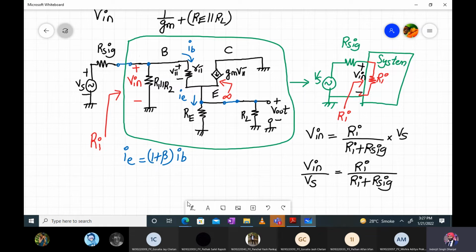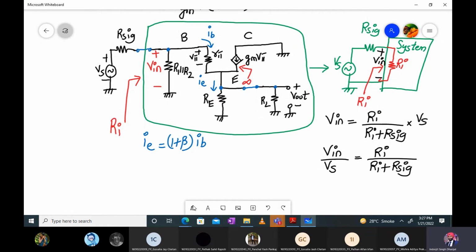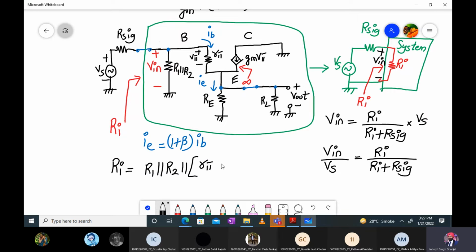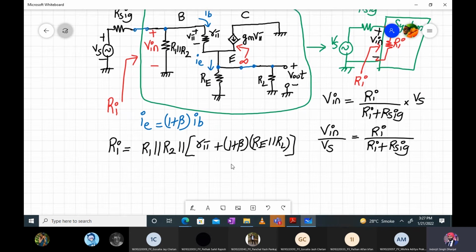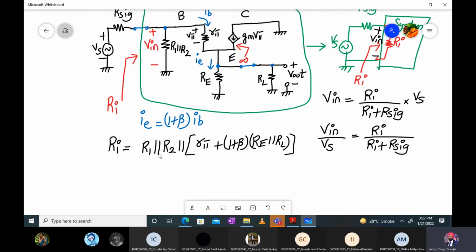Ri will be given by R1 parallel to R2 parallel to R pi plus 1 plus beta times RE parallel to RL. So that's the value of Ri which we get over here. I guess we have found this Ri value before for CC1 or CC2, so let us check it out.